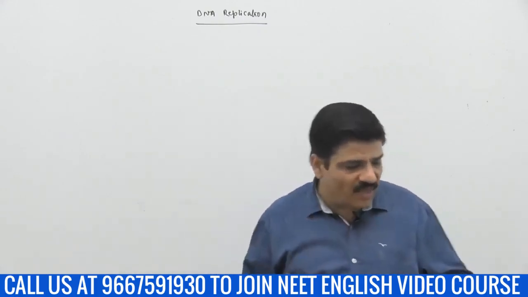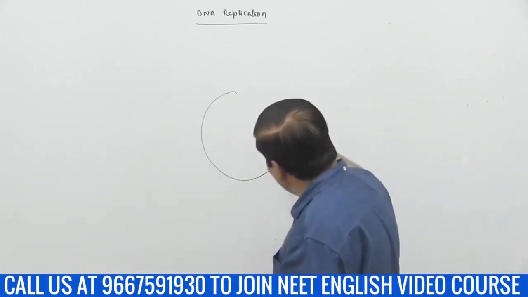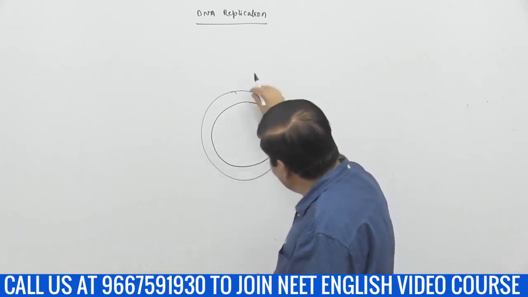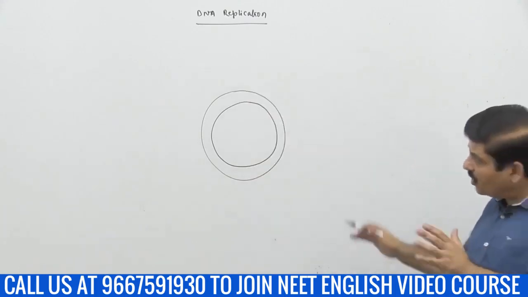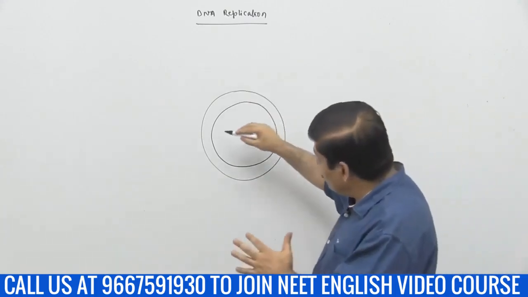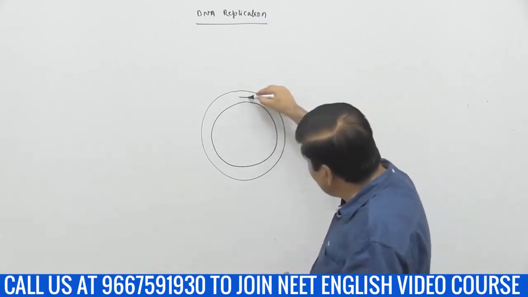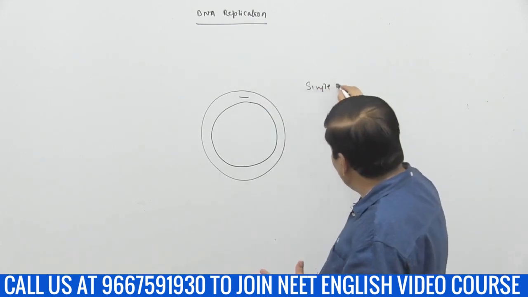A very important thing is that the DNA of prokaryotes is circular. We have understood the functional aspects of DNA replication by simplifying the process. Because it is a circular double-stranded DNA, there would be a single ori. So we are talking of prokaryotes.